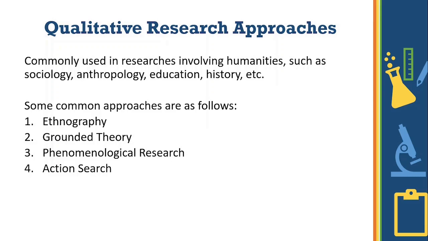It has more applicability with humanities subjects. And some of the common approaches that are used in qualitative research are ethnography, grounded theory, phenomenological research, and action research. And again, these are just some of the common approaches that I collected to explain in this demo.